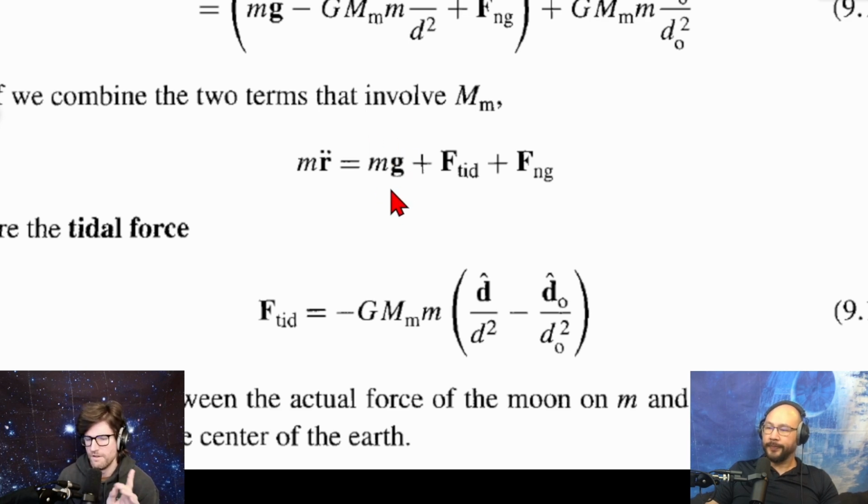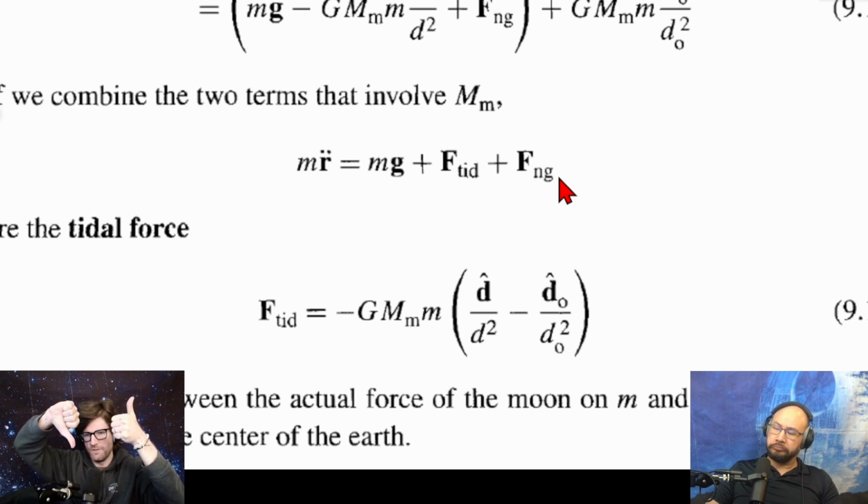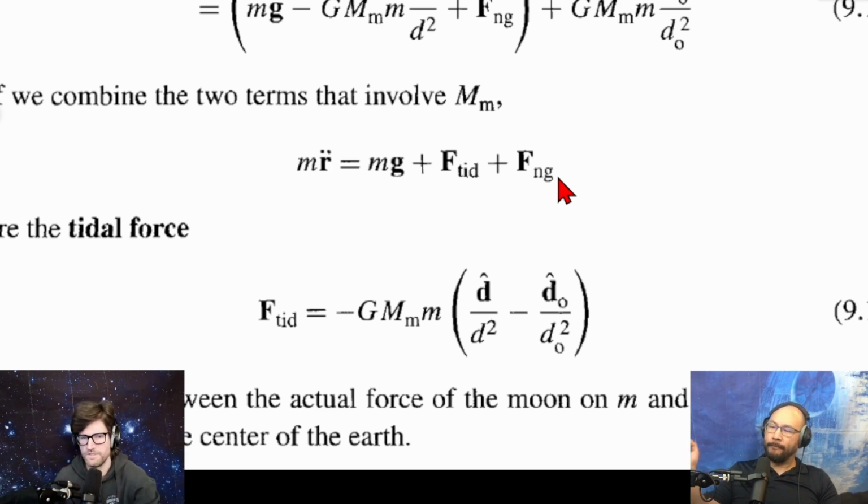So if you need 0 equals a constant plus F_tide plus F_ng, that means if the tidal force goes up, then F_ng goes down, or vice versa. If F_tide goes down, then F_ng needs to go up. So they balance each other.